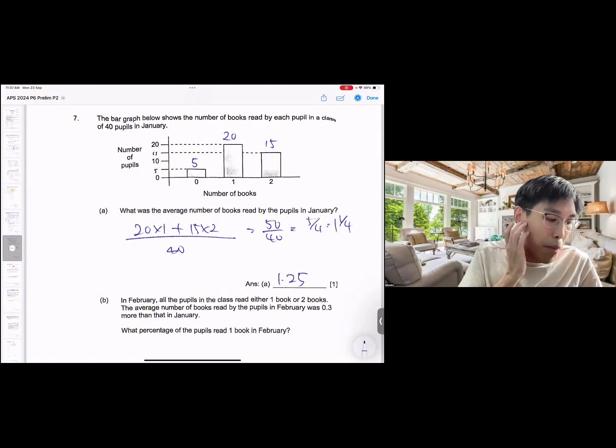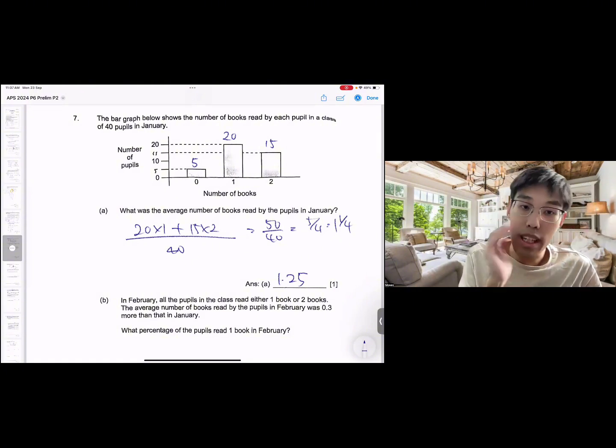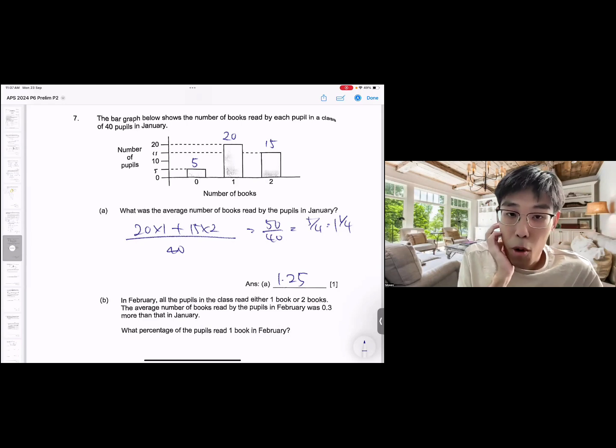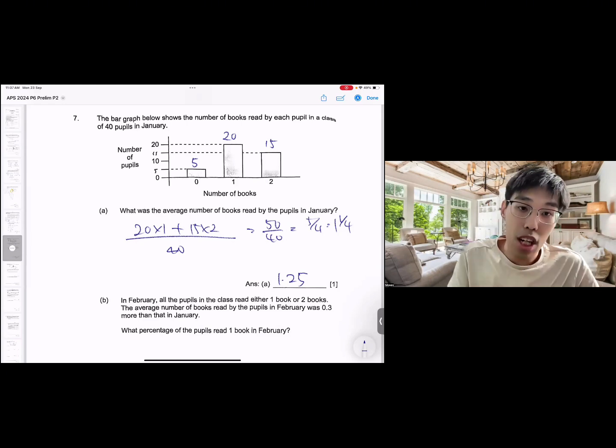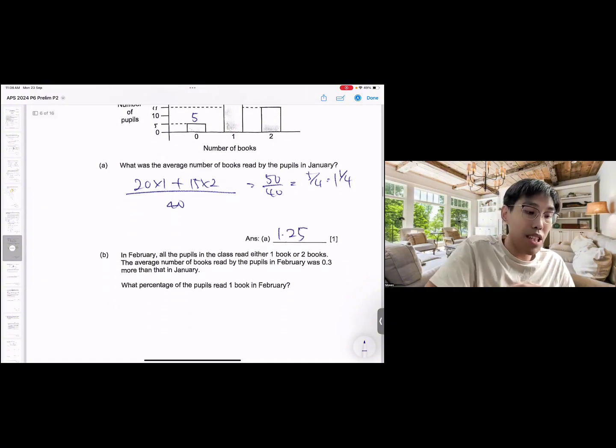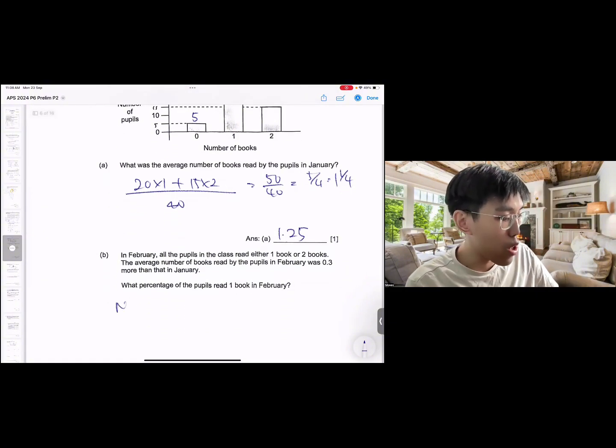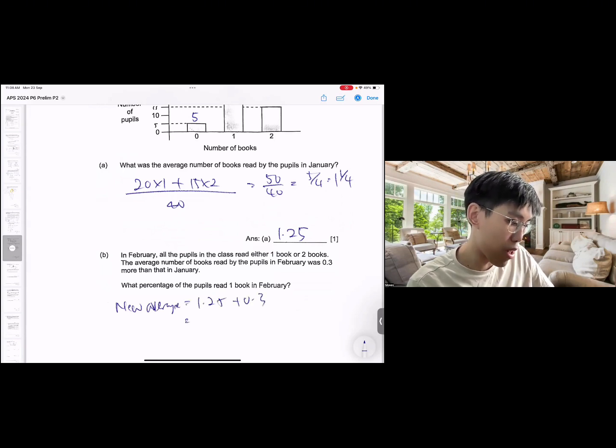Okay, in February, all the pupils in the class read either 1 or 2 books. Very good. The total number of books read by the pupils in February is 0.3 more than that in January. So we are talking about an average increase, which is a good thing. The new average will be 1.25 plus 0.3, which is 1.55.